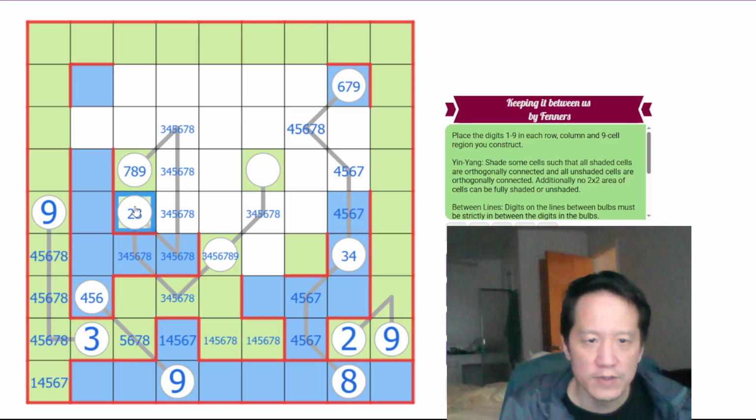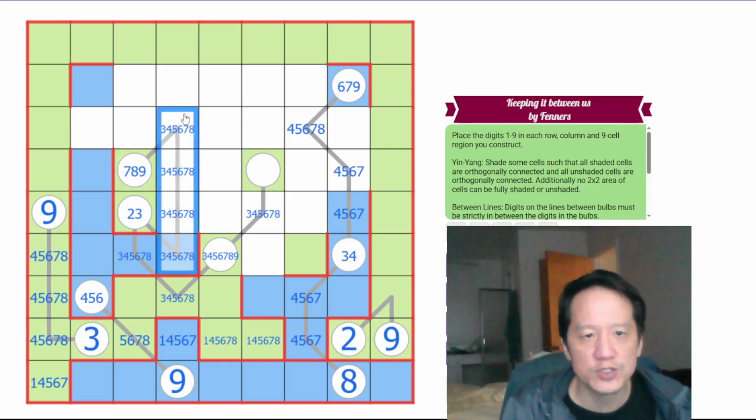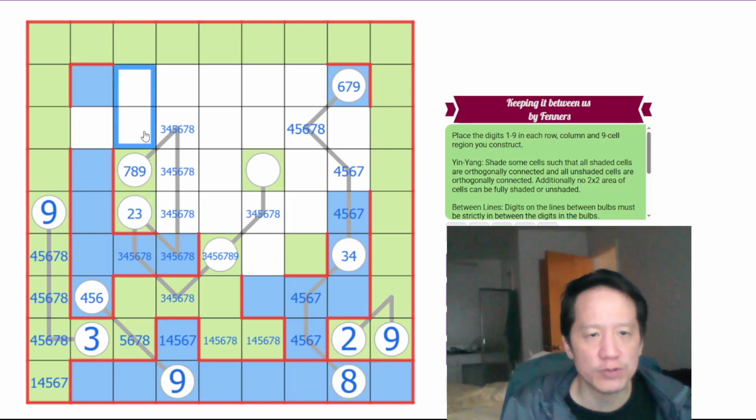It can be 3 at most that way. 4, 5, 6, 7, and that's it. But if this is 7, this would have to be 3, and then you have 4 digits trying to be between 3 and 7, which is not allowed. So this is always 2 or 3 here. Okay? So one of these at least is blue. We're not sure which.